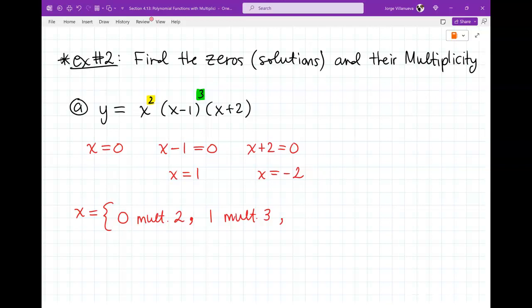Because if I had to graph it, knowing that it's odd tells me it goes through. I know 0 is even, right? Multiplicity 2 is even, so it would bounce off. Okay? So my last answer is negative 2. What's the multiplicity on that one? 1. We don't write multiplicity 1, so we just leave it like that.